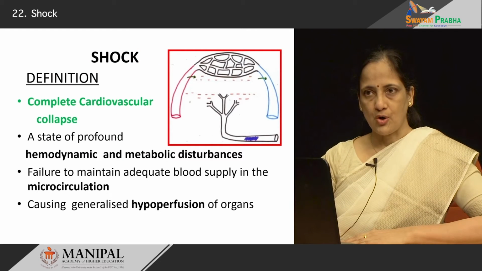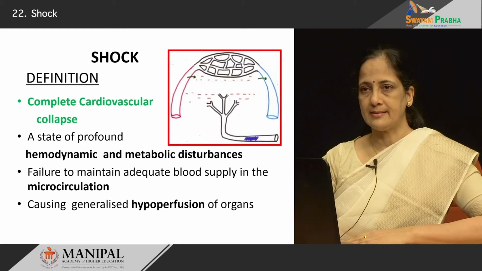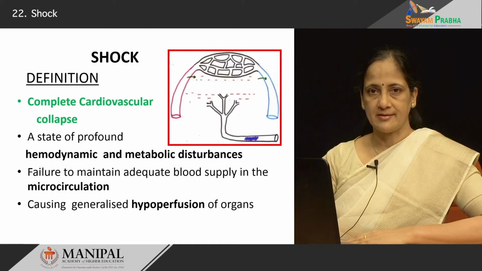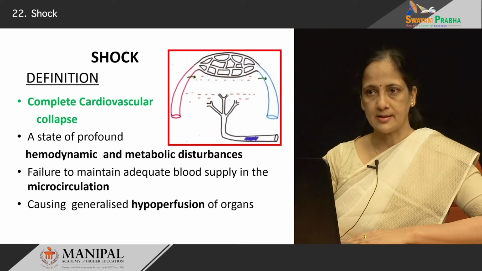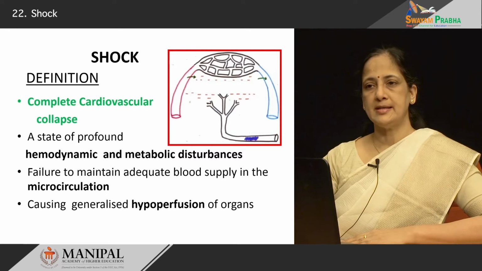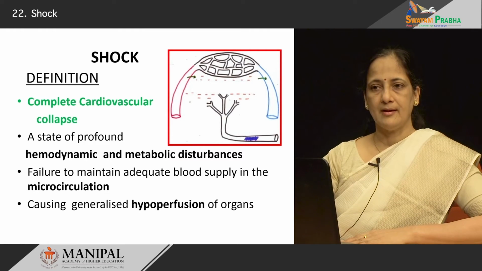Now, in shock, what happens is that there is complete cardiovascular collapse, meaning blood supply to each and every organ and tissue is affected. So, therefore, there will be a state of profound hemodynamic and metabolic disturbances that are characterized by failure to maintain adequate blood supply to the microcirculation.